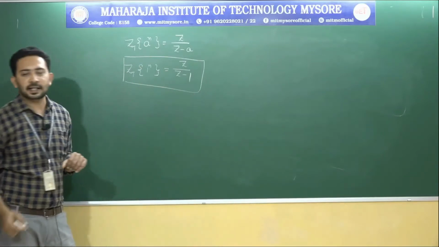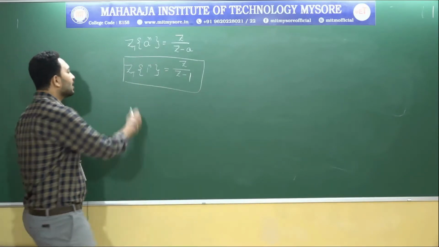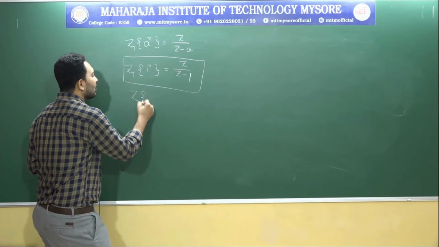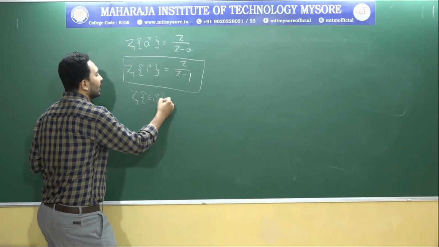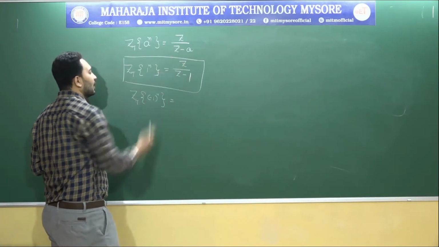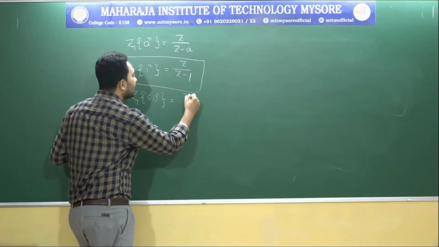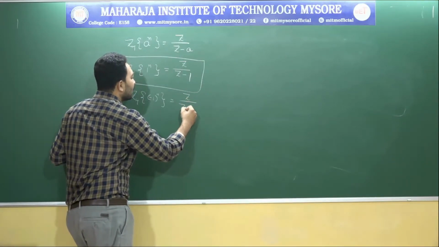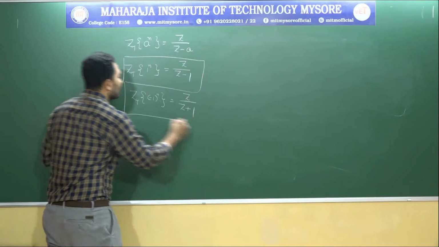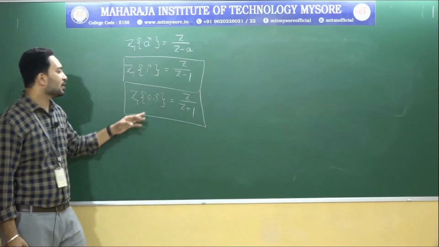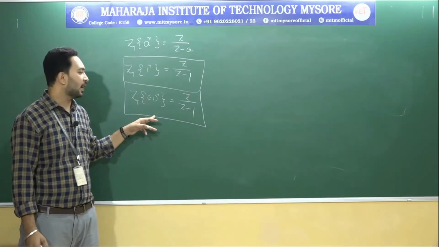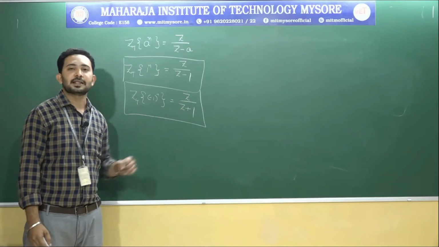So this is the z transformation of 1. Similarly, for the z transformation of minus 1 power n, replace here a by minus 1, that is z divided by z plus 1. So this is the z transformation of minus 1 power n, that is z divided by z plus 1.